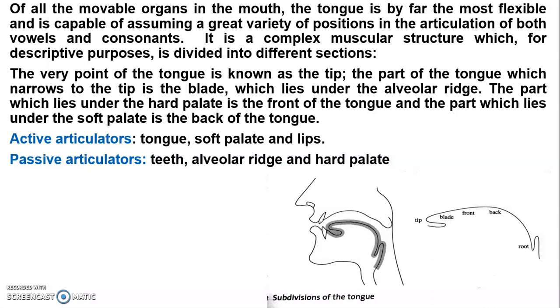The soft palate, that fleshy, soft part of your palate, you can touch it. And your lips, you can move your lips. So they are active articulators. While your teeth, upper teeth, lower teeth, the alveolar ridge, that lumpy area behind your upper teeth, and the hard palate can't move. So they are called passive articulators.